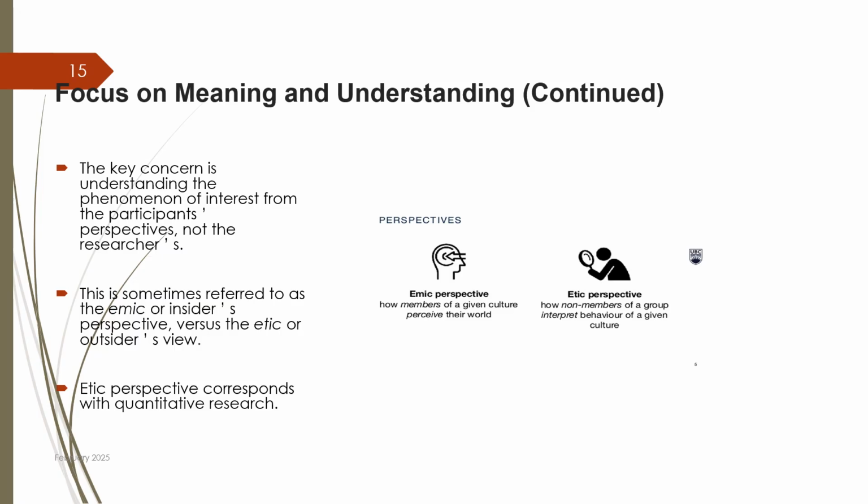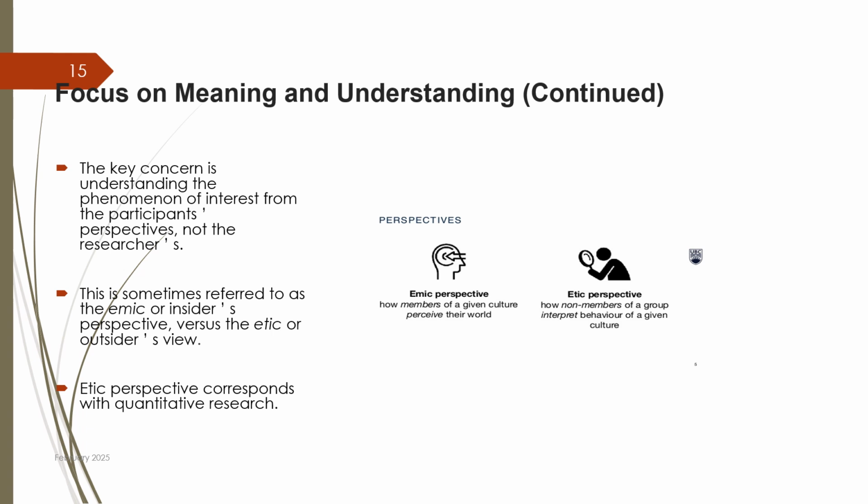So, as we said, we move on to focus on meaning and understanding. We need to understand what the participants understand about the topic under study, not the researcher. The key concern is understanding the phenomenon of interest from the participants' perspectives, not from the researcher's perspective.